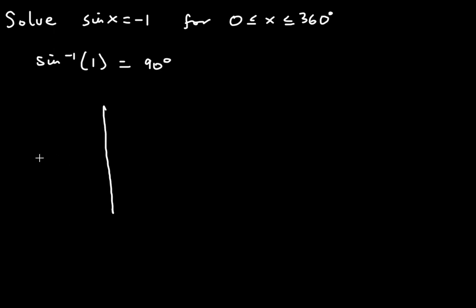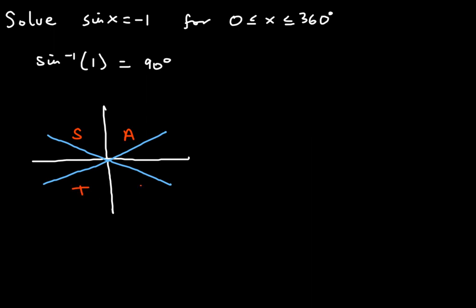And then you draw your cast diagram. And then you put the angle into the correct quadrants. So since sine is negative, it would be this quadrant and this quadrant.